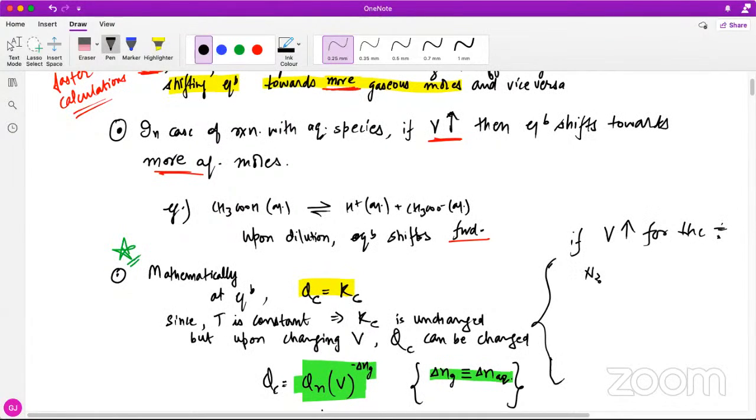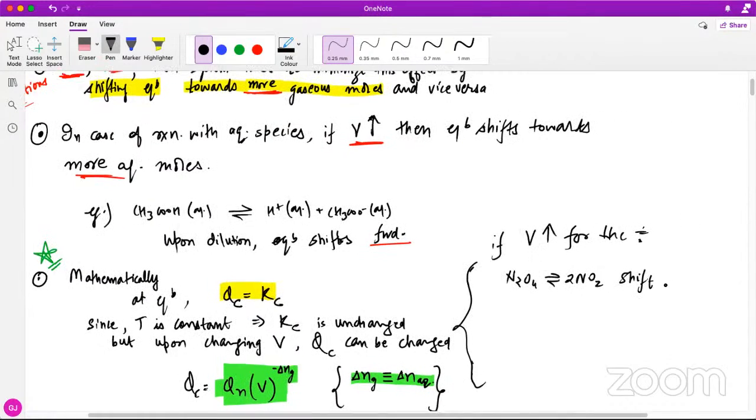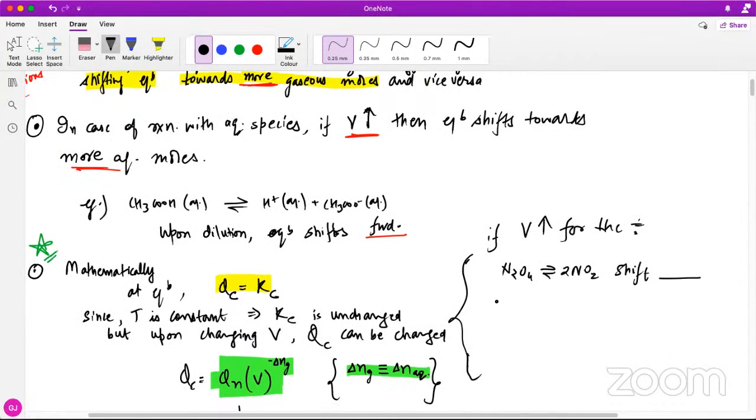So if volume increases, with delta Ng, the total V increases. However, if delta Ng is positive, that is a minus sign, so Qc becomes very less. So it becomes less than Kc and therefore forward. Delta Ng can be negative. Yeah, but let's consider the case right now.